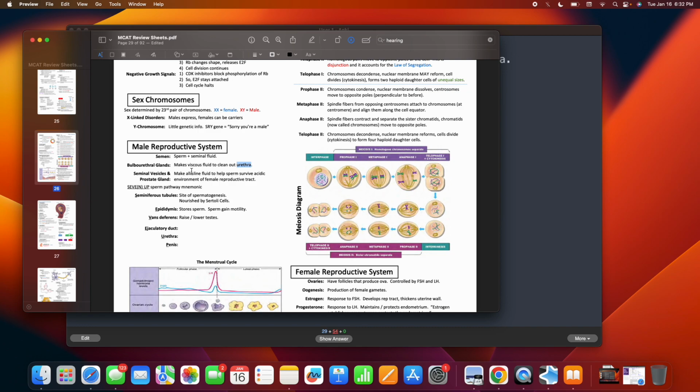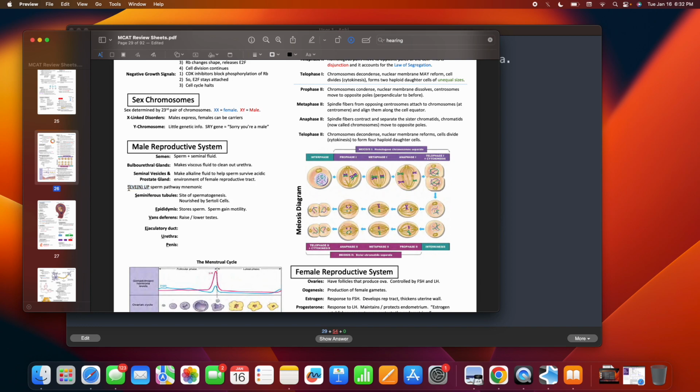So we do have alkaline fluid from the seminal vesicles and the prostate gland that help the sperm to survive the acidic environment of the female reproductive tract. And the acronym 7UP is the sperm pathway mnemonic.